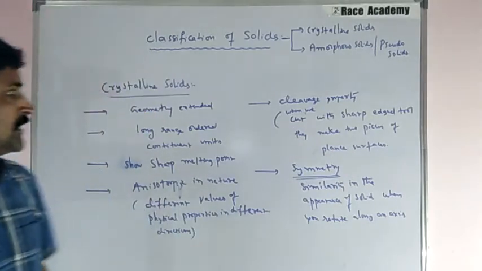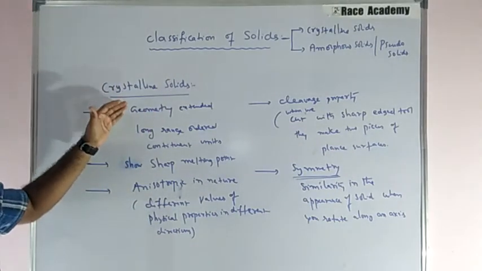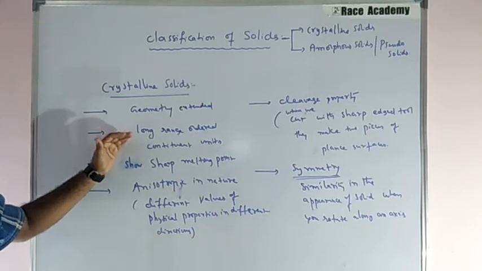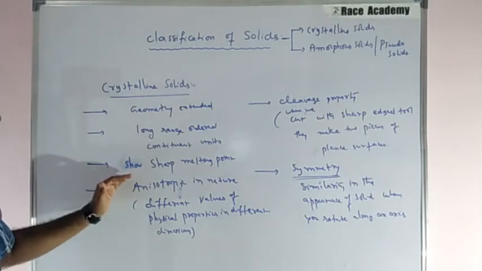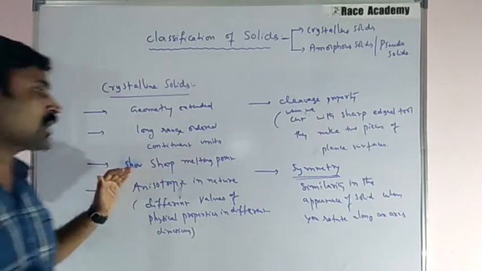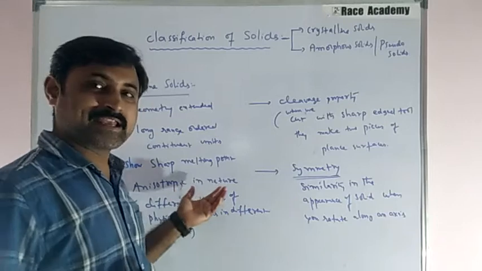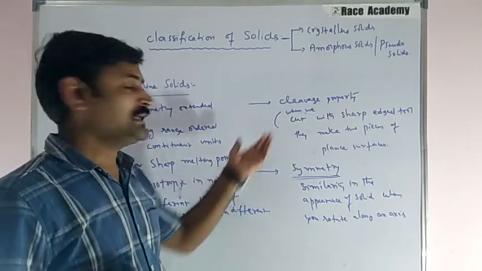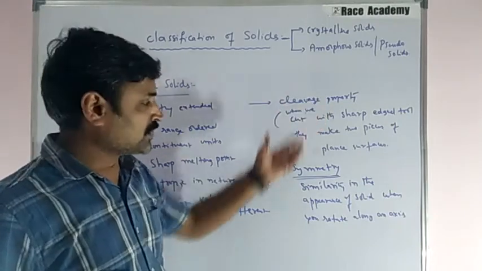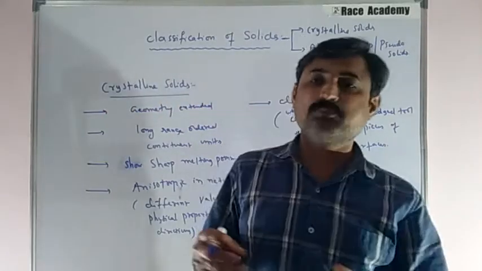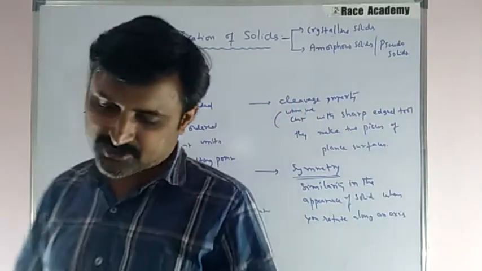We have noticed that different geometry is exhibited, long range order arrangement is noticed, and they exhibit sharp melting points. Anisotropic nature is also an important property. The cleavage property of crystalline solids is noticed, and symmetry is also a most important characteristic property of crystalline solids.